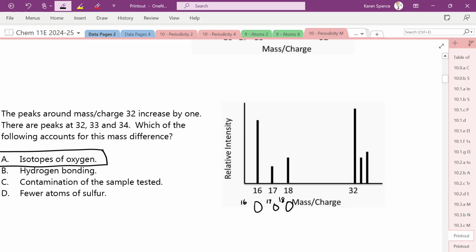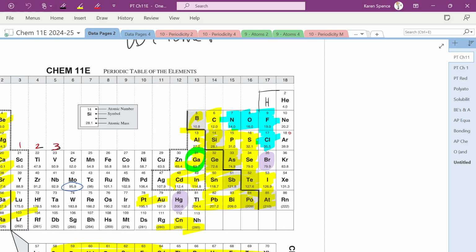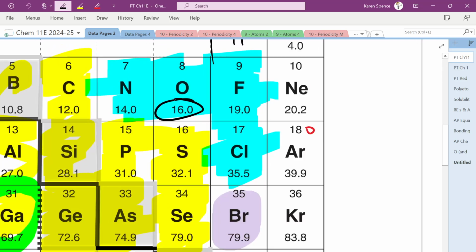I look it up on the periodic table and I go, who's close to 16? So we go to our data pages and we say, who's close to a mass of 16? Oh, that would be oxygen. 14's way too low, 19's way too high. So it has to be oxygen.